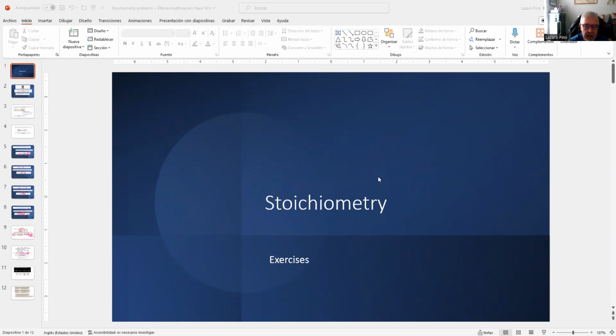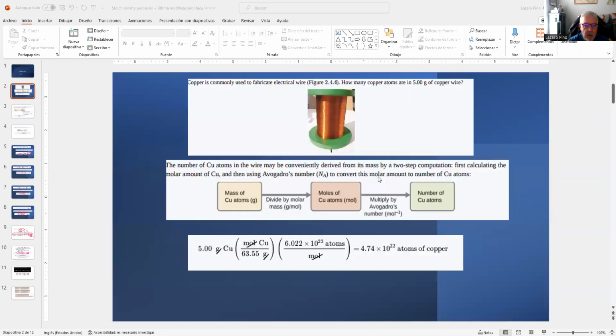Well, in the first case, I want you to know how to go from mass to moles and how to go from moles to atoms. In order to go from mass to moles, I have to divide by the molar mass.